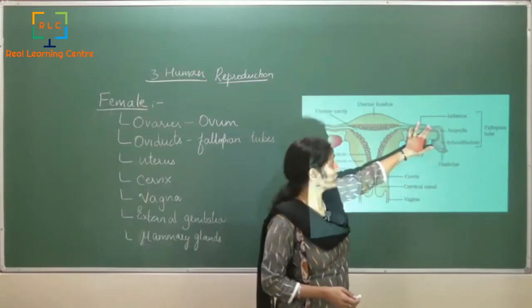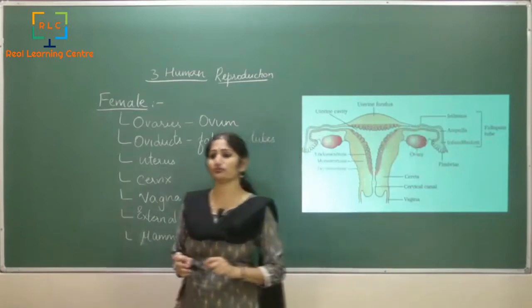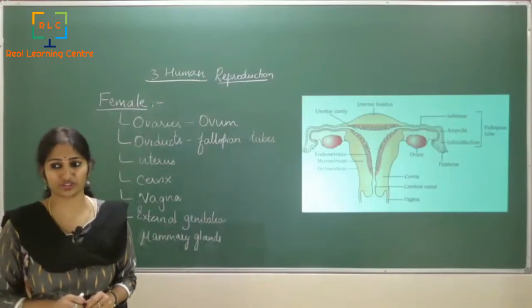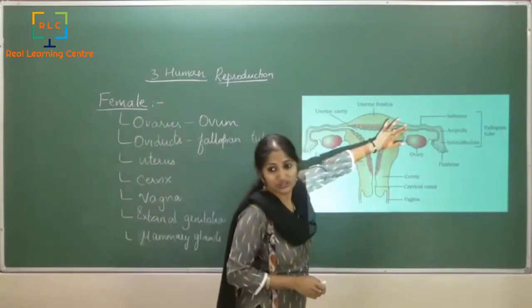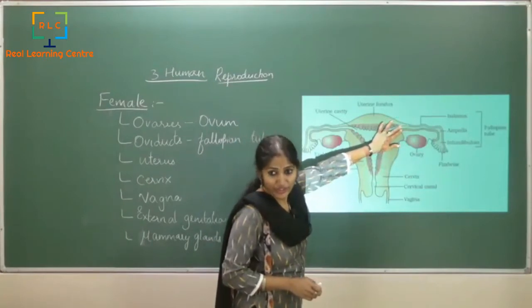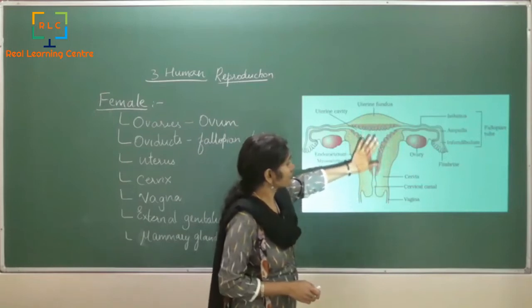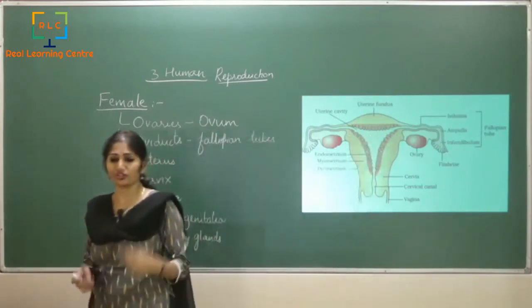Then comes a much narrower region, the last part of the fallopian tube, called the isthmus. The isthmus is very narrow, and as it moves along, it finally opens up into this region, which we call the uterus.